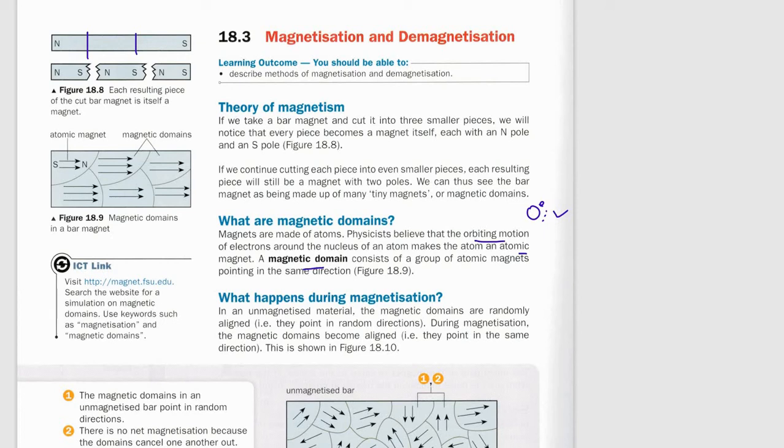So what is the difference between an atomic magnet and a magnetic domain? An atomic magnet is at a very small level where the electrons are rotating, and because of that motion a magnetic field is generated. So it behaves like a small magnet because it generates a polarity. If atomic magnets have the same direction, these are called magnetic domains. A magnetic domain consists of a group of atomic magnets pointing in the same direction.